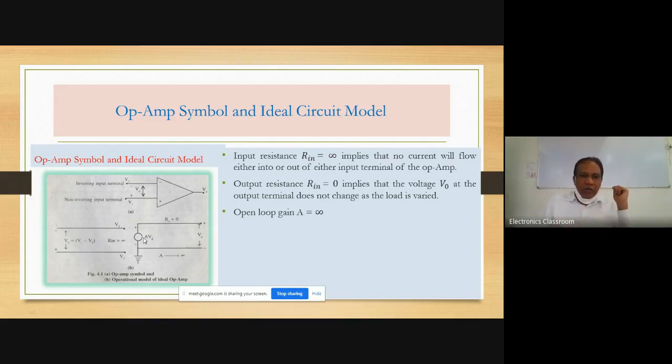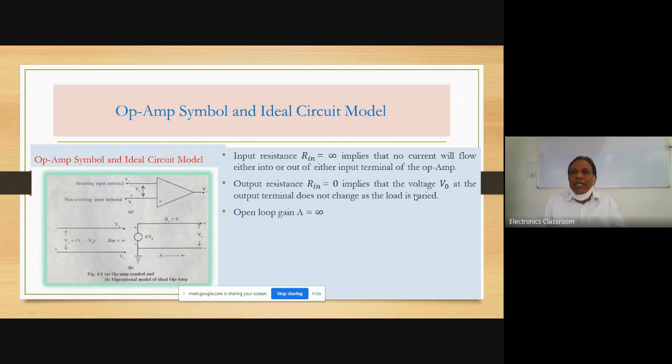Whatever power is delivered from this source, which is a voltage source, the signal source supplying the power or current to the output side, cannot be opposed by resistance due to the zero resistance. Means the entire current or power will be delivered to the load.